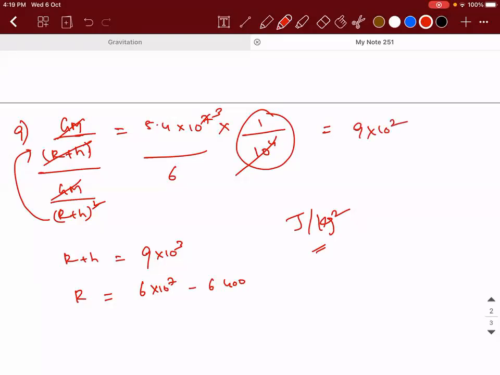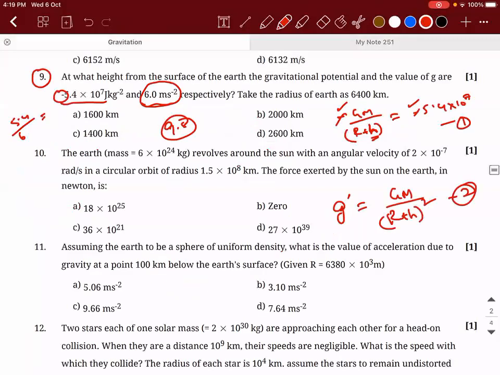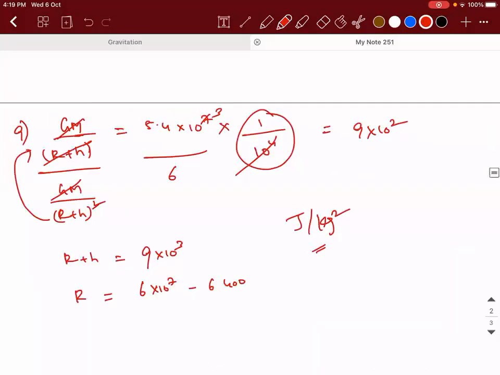Then 5.4 by 6. There should have been 10 power 6, no?